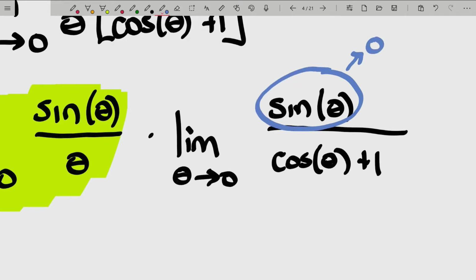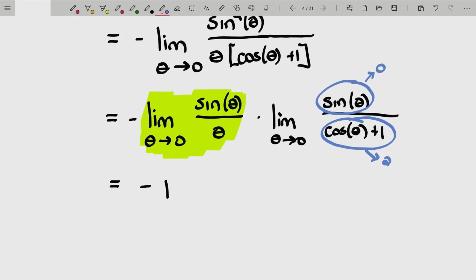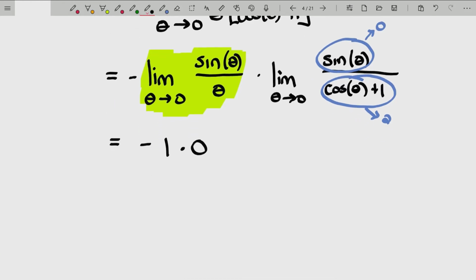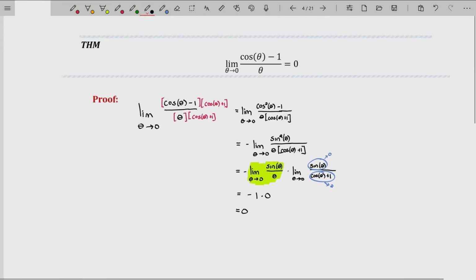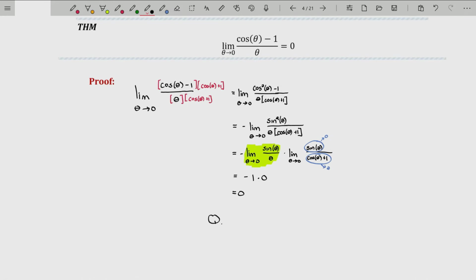The numerator tends to 0, and the denominator actually tends to 1 plus 1, or 2. Yep, we could totally use direct substitution here. So this is going to be 0 as the other limit. And of course, negative 1 times 0 is 0. And there we have proved that the limit as theta goes to 0 of cosine of theta minus 1 over theta is equal to 0.